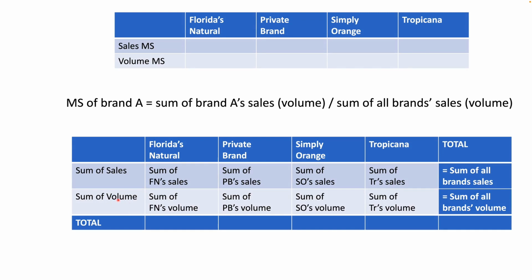And in each cell, we want to have the sum of our target variable. Please keep this in your mind, and then let's go back to Microsoft Excel with the data.